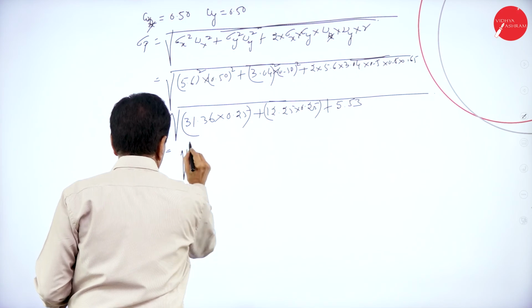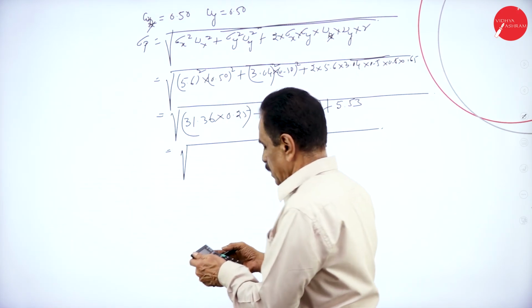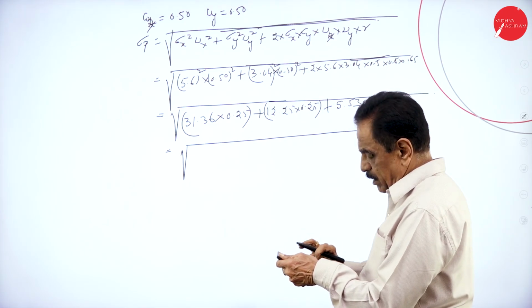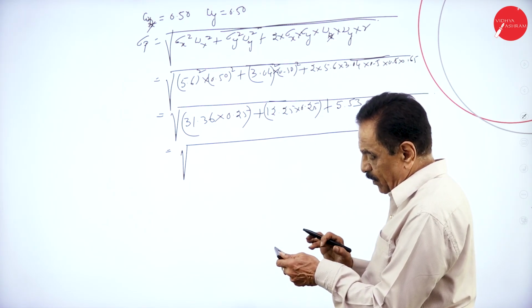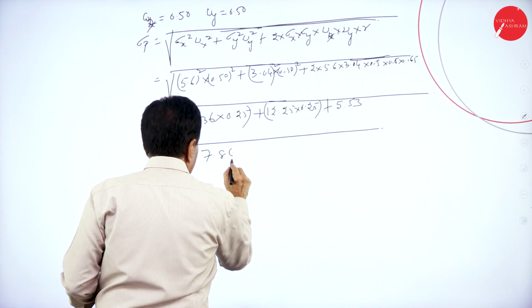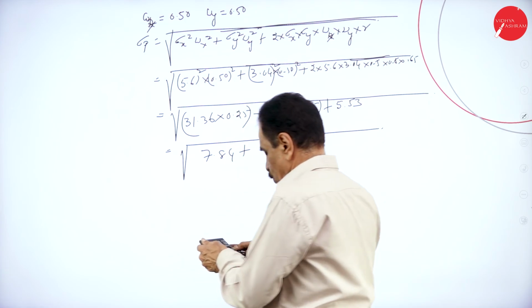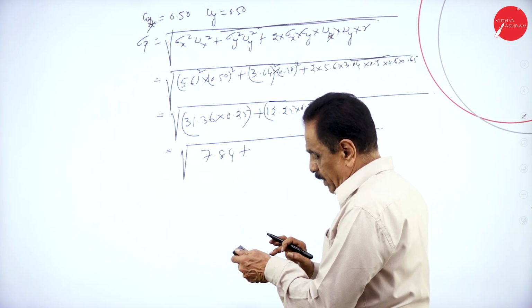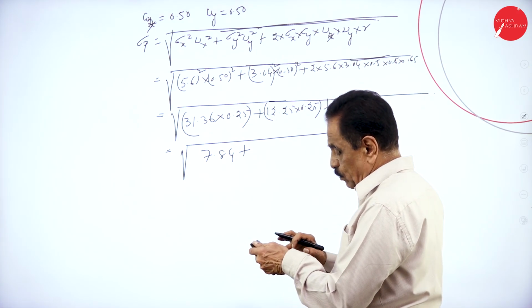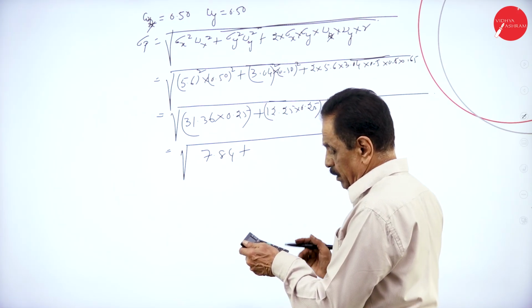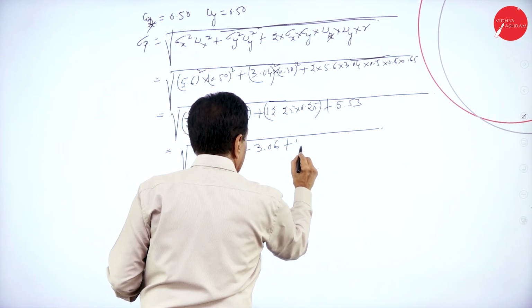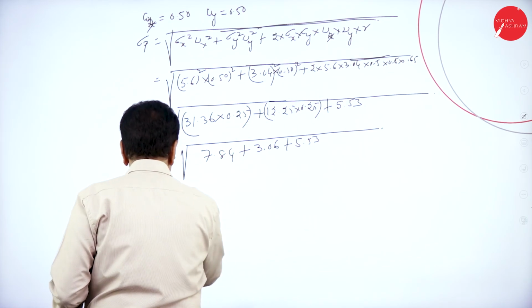Simplify root of this: 31.36 into 0.25, 7.84, plus 12.25 into 0.25, 3.06, plus 5.53.